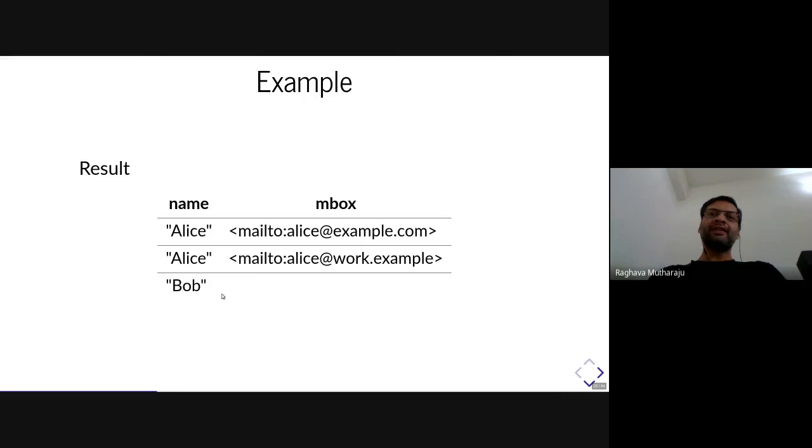So this is what you get. In this case, Alice had 2 mailboxes, so that's why it got repeated twice. And in Bob's case, there was no mailbox, but you said it's optional anyway, right? So that's why the mailbox part for Bob is empty. And is this clear?